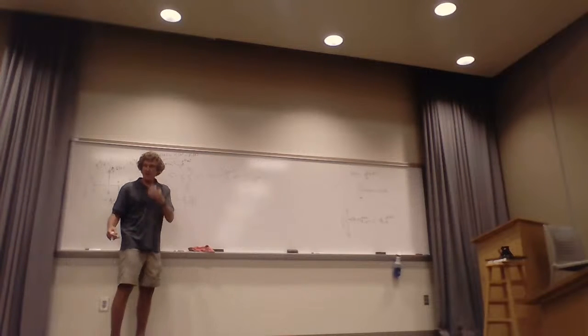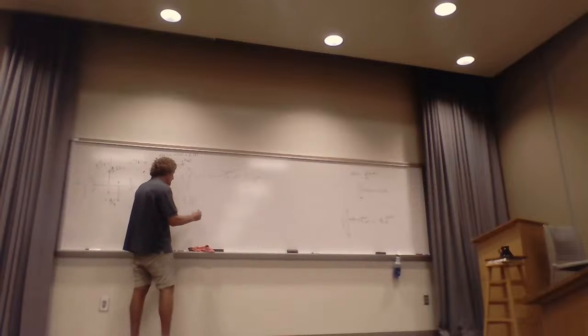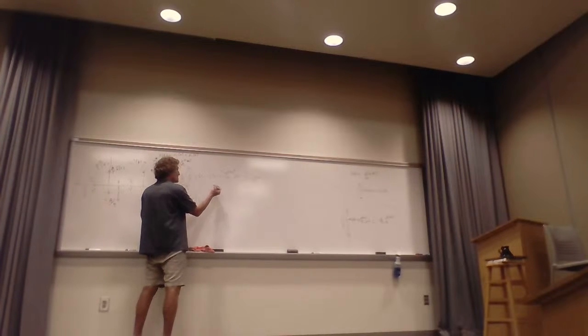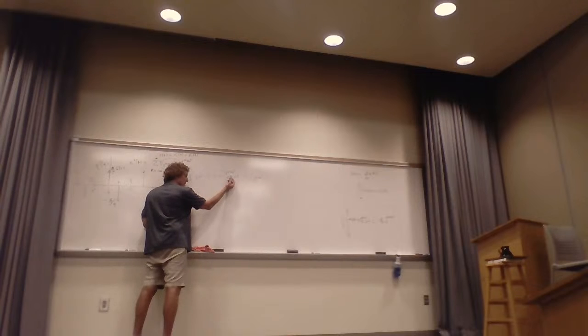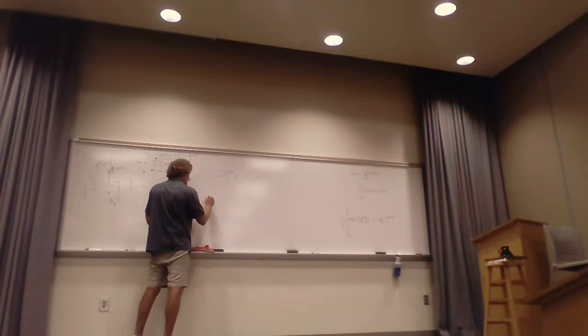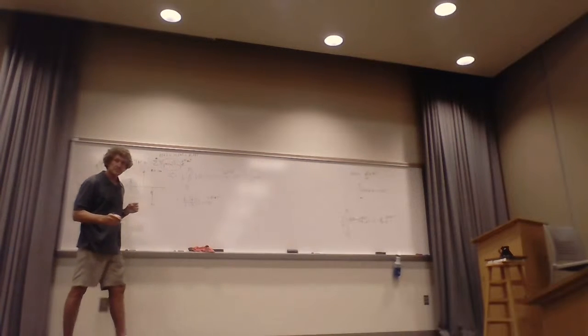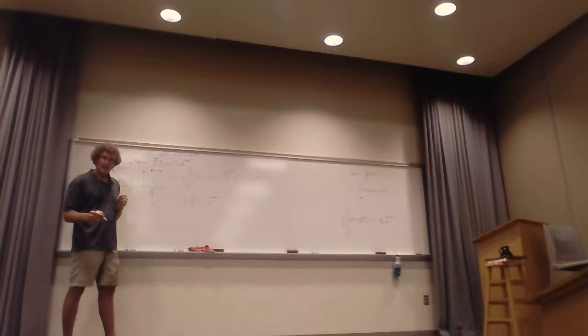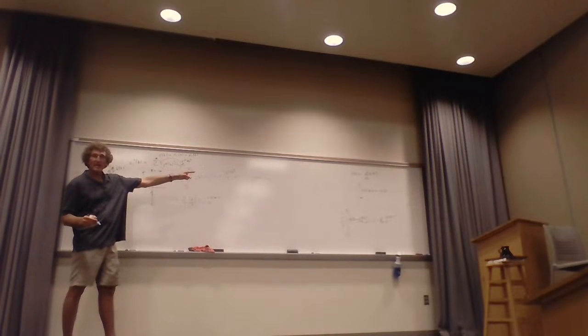E to the 0 is 1. Keep going. When does this one turn on? Evaluate this at t equal tau. So it's e to the minus jn omega naught tau. You got it? Agreed? And that's equal to that over there.